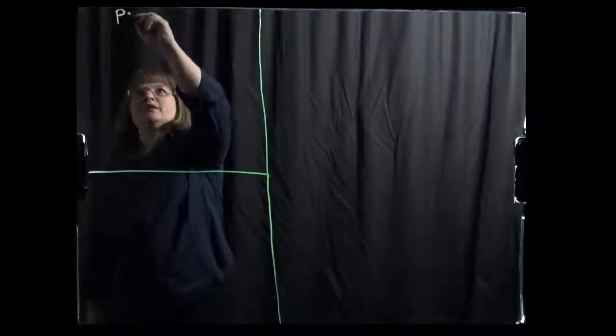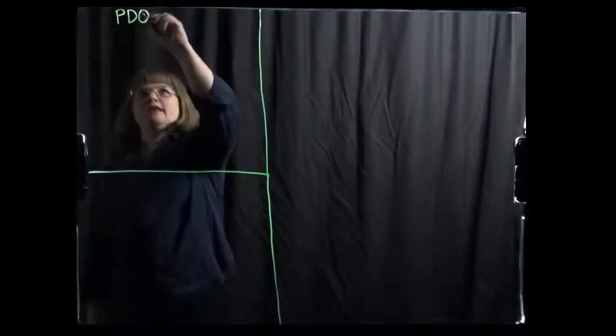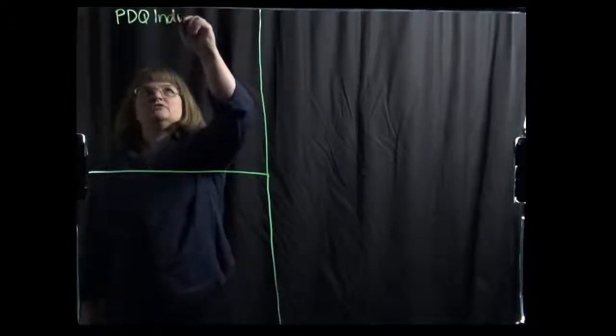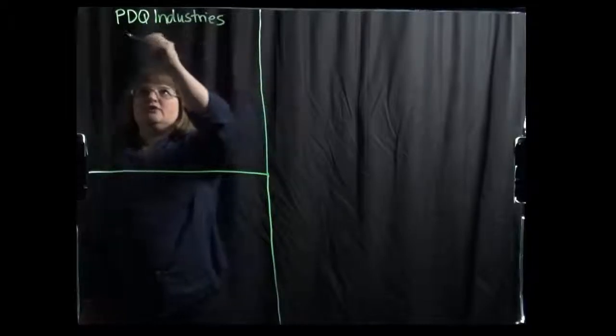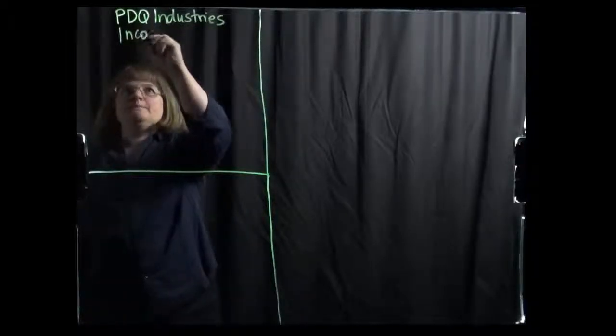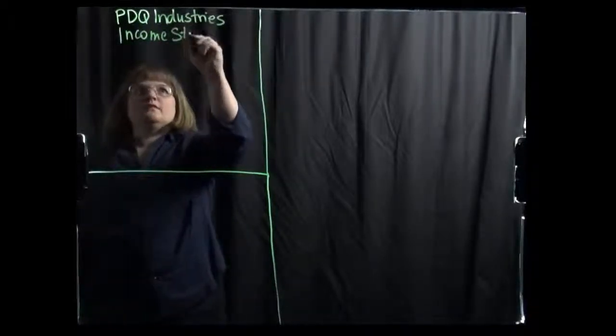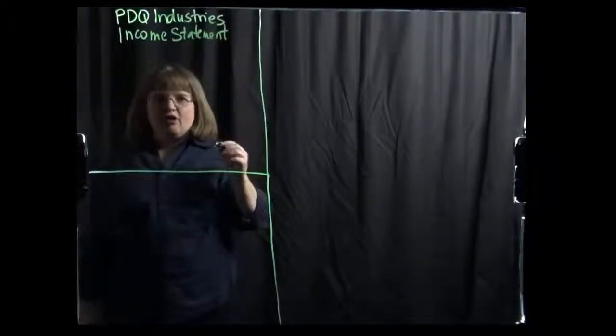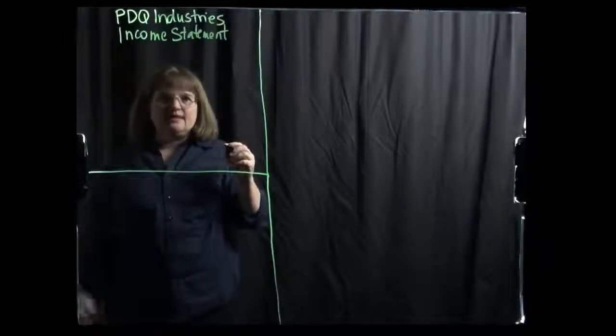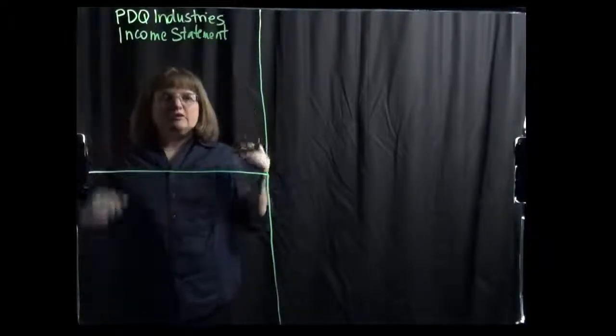So I'm going to start by writing the name of the income statement up here. First the company name, PDQ Industries. And what we're making for PDQ Industries is an income statement. And I have to define the time period covered by the income statement because an income statement is a statement that covers a period of time.